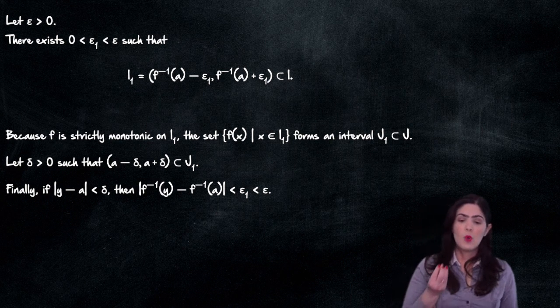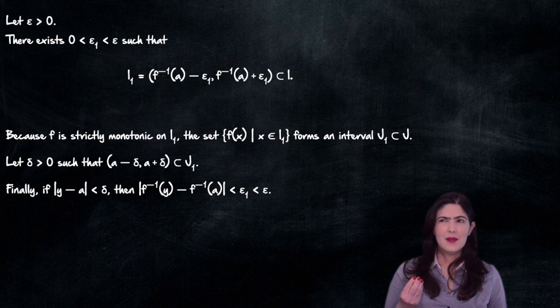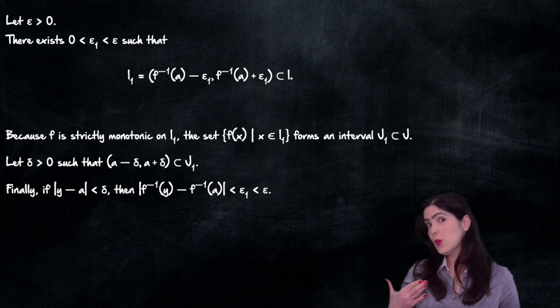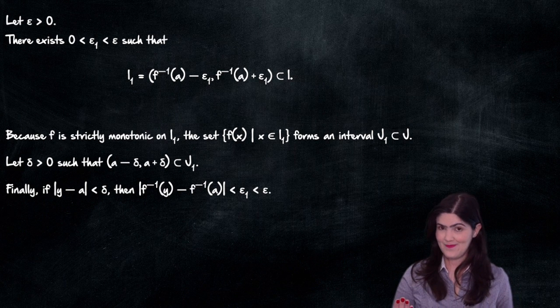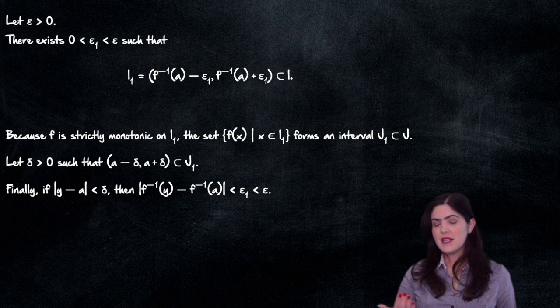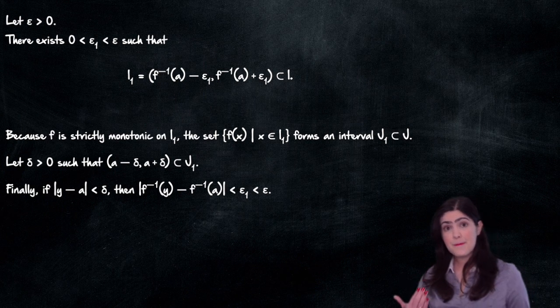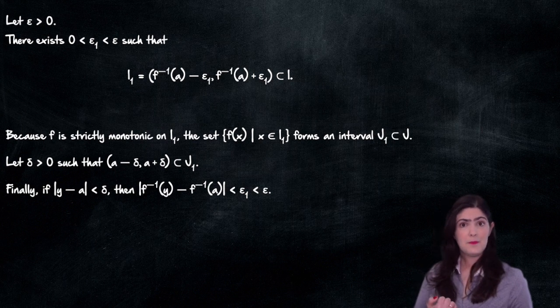But if y is in the set J1, well, we know that y is equal to f of x for some x in the interval I1. Right? So that means that the preimage of y is in the interval I1.